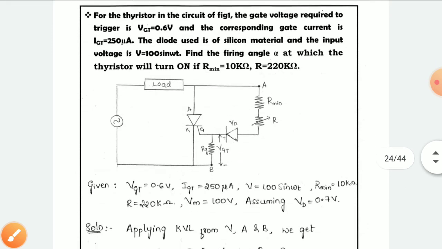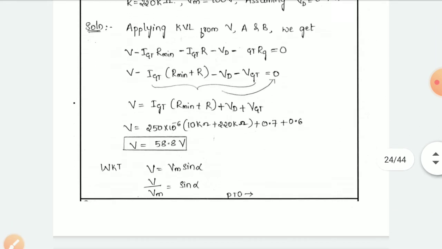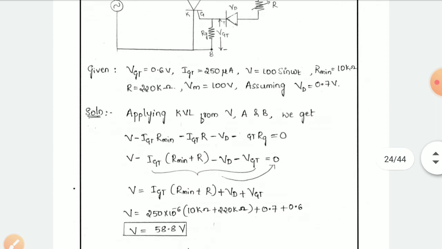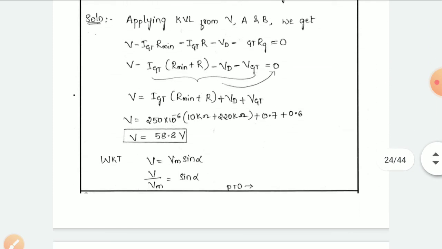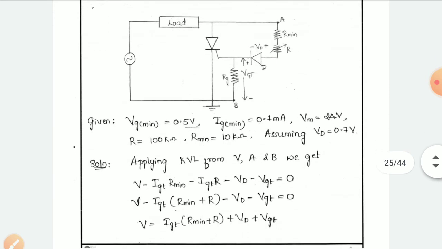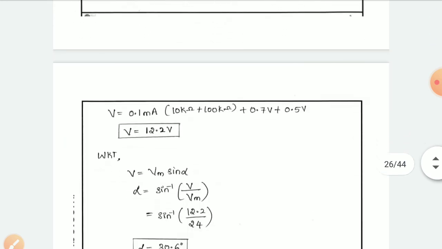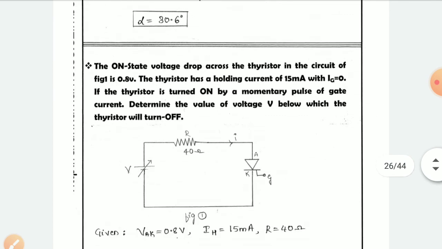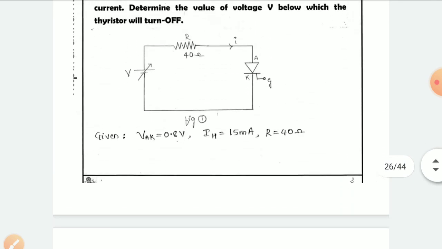These are very simple problems, just applying KVL to the loop, finding the voltage, then applying it to get the alpha value. Around 4 to 5 similar problems you may get, or sometimes the values may be changed. In that case also you should be ready to answer those problems.